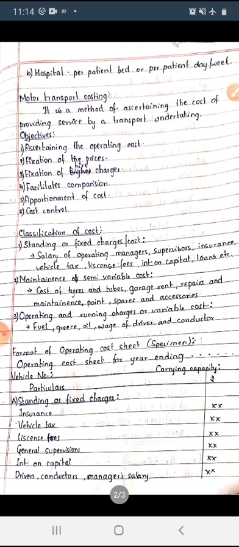As per our syllabus, under operating costing we consider only motor transport costing or transport costing. Operating costing is applied in many services, for example transportation, hospitals, education, municipal services, public utility, or welfare. But as per our syllabus, we are taking only the problems under transportation costing.